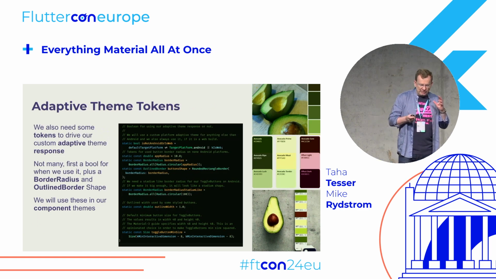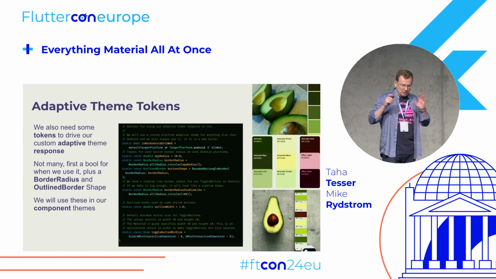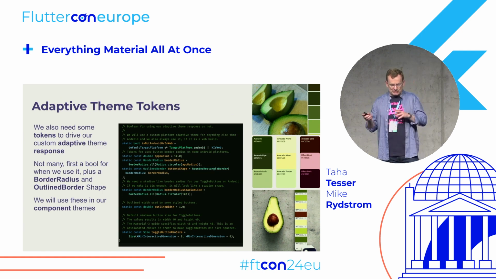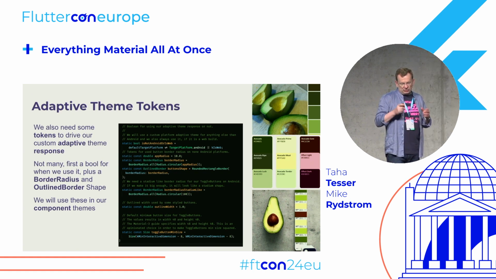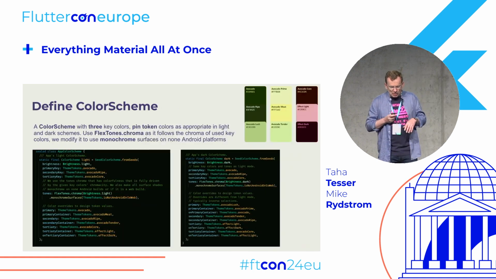So we will do an adaptive theme response that is different if it's not Android or if it's on web. So even on Android, using web would get the adaptive response. We just want to have the adaptive response for everything other than Android. We are going to modify the border radius and some shapes on it, and a few more things. So that's pretty straightforward and simple.